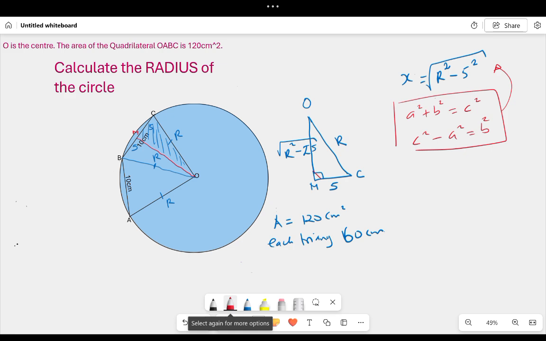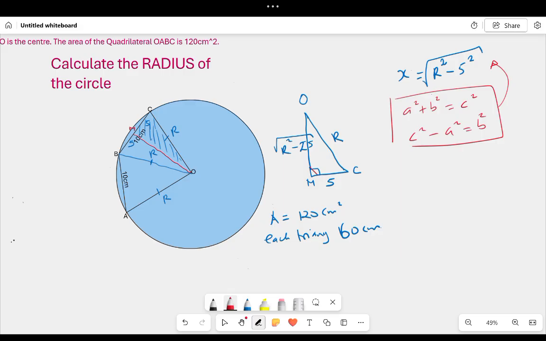So therefore we are going to start now working out the area of the triangle, one isosceles triangle. We know the area is 60 centimeters squared. So therefore the area, which is 60, is going to be 1 over 2 times the base. The base is 10 times the height. Now the height is the square root of the radius squared minus 5 squared, which is 25.